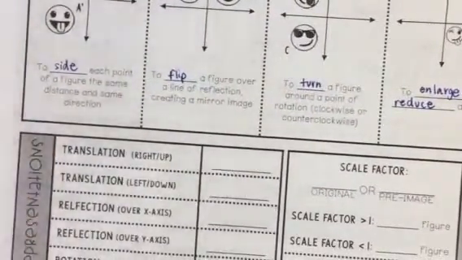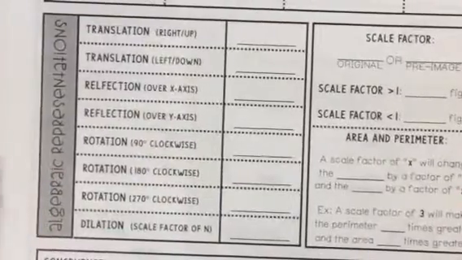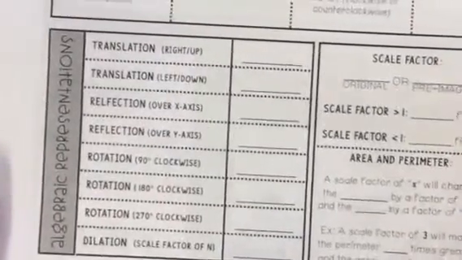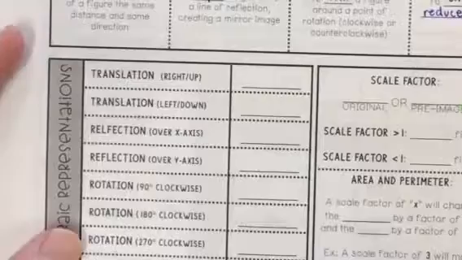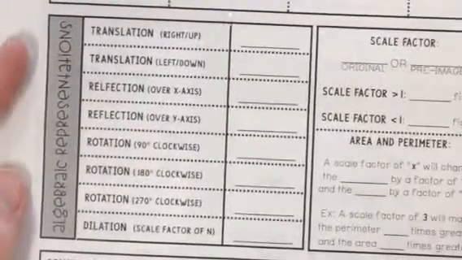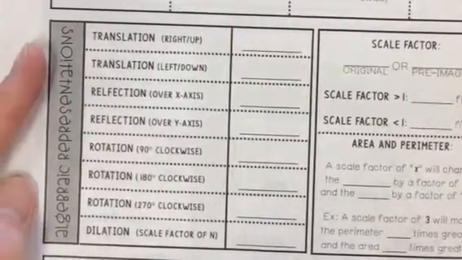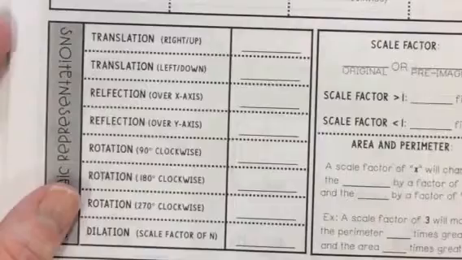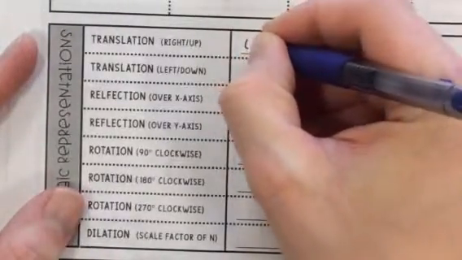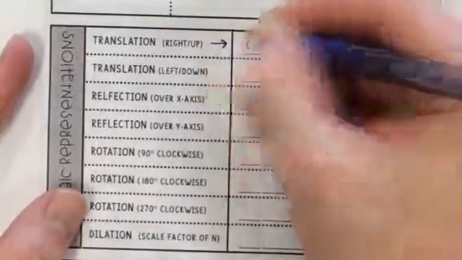All right, so this next little block on the cheat sheet talks about all the different formulas you could think about that might perform these various actions. And again, you don't have these on the STAR math chart, so these are things you would need to memorize, especially the rotations and the reflections. So, translations that would go right and up, well, remember we would do arrow notation here, so you don't have to write this, but there's your arrow.